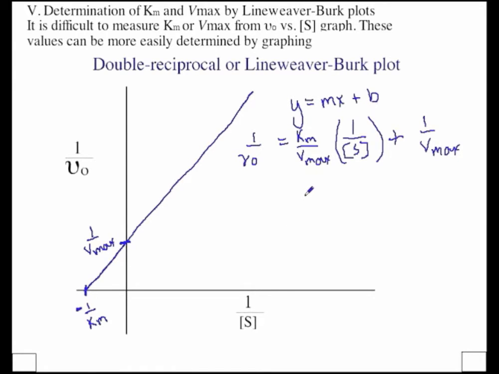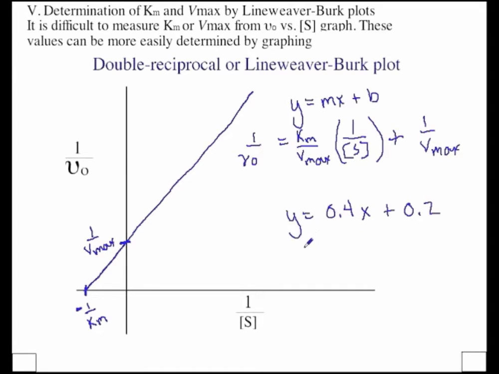So what if I said that we had an equation for the line that was y equals 0.4x plus 0.2? There's a couple ways that you could use this equation of the line to calculate both Km and Vmax, right?